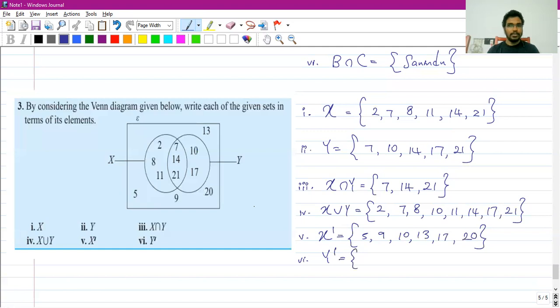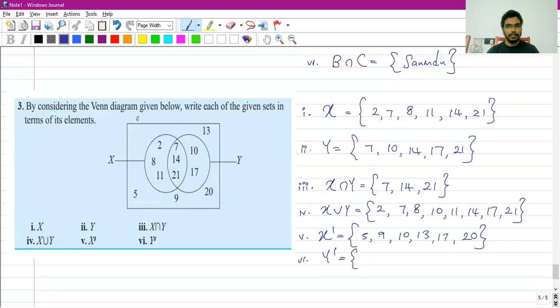Next one, Y dash. So first of all, see what is Y. This is the circle of Y, and Y dash means the other part which does not belong to Y. So the other part is this shaded part. What I'm shading is the part which does not belong to Y, so it will be Y dash.